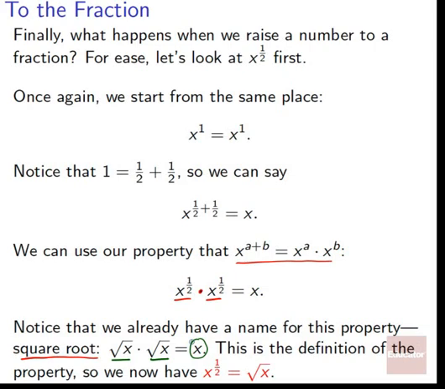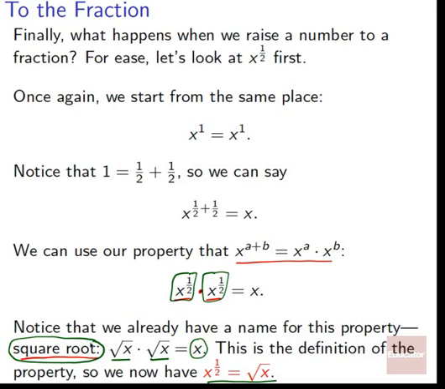So root x times root x is just some number that when you multiply it by itself, it becomes x. So if x to the 1/2 times x to the 1/2 is equal to x, then that must be the same thing as root x, because it does the exact same property. Itself times itself becomes x, so we already have a name for that. We call that square root. So with this property, we see that x to the 1/2 equals the square root of x.